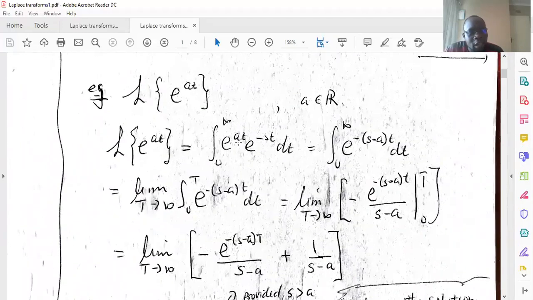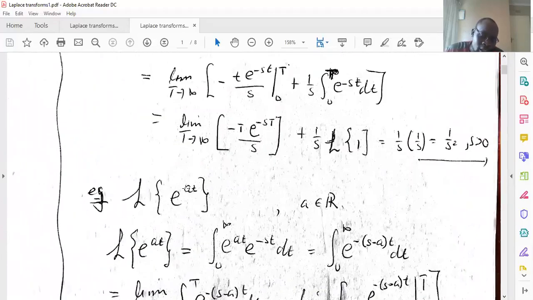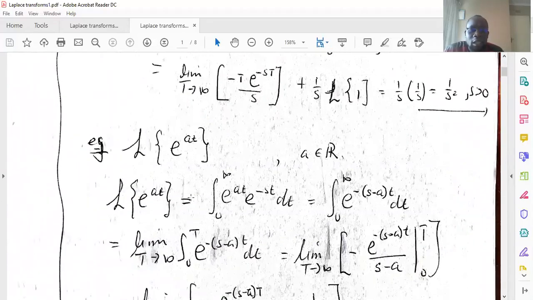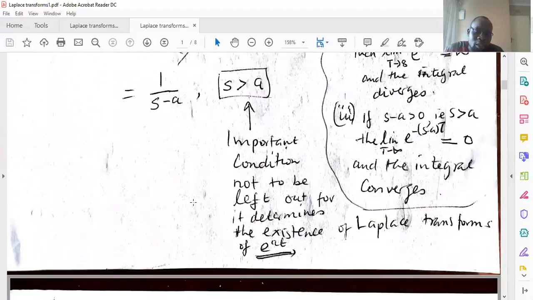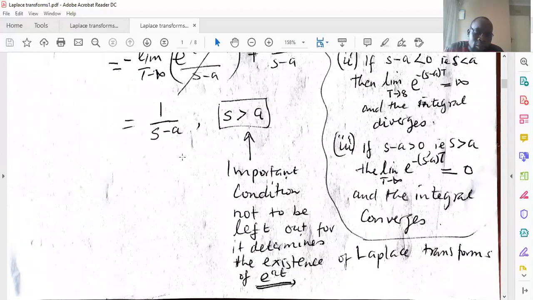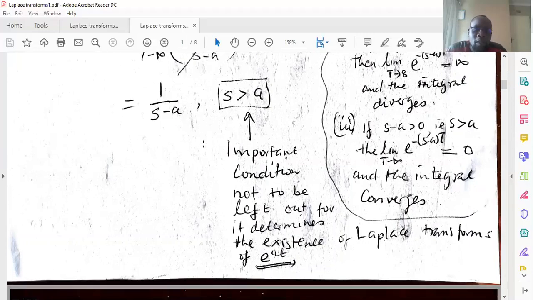If a is a positive number, like a equals 10, then you can just substitute a equals 10 there, and get 1 over s minus 10, provided s is greater than 10. So that's how you find the Laplace transform of an exponential function e to the power at.